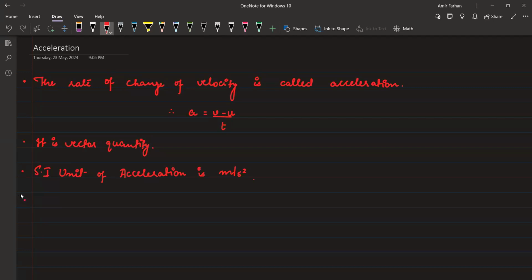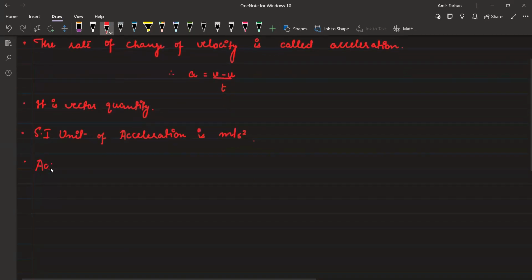The next thing is that acceleration is a vector quantity, so it can be zero as well as negative for a moving object. Acceleration of a moving object can be negative as well as zero. Clear? Because this is a vector quantity, and vector quantities have different properties.